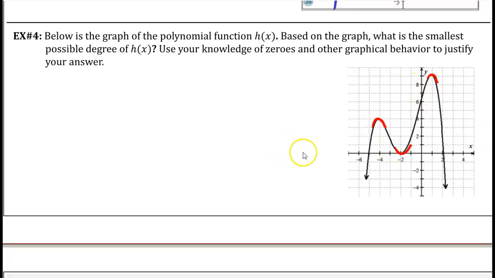You might recall that the degree minus 1 equals the number of turns. So if the number of turns is 3, it makes sense that this is going to be a 4th degree polynomial.